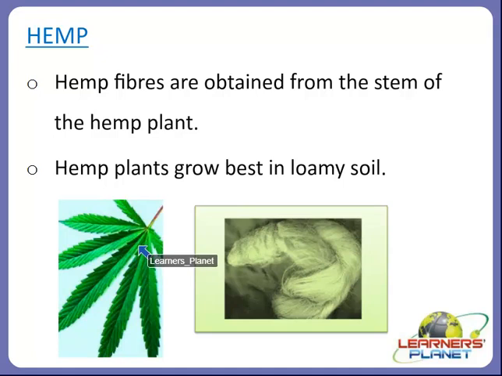How beautiful it is. So hemp plants basically grow best in loamy soil. Right? It is the coarse, durable bast fiber of the high yield plant. Means this fiber does not contain the chemicals which are found in the leaves of various plants.